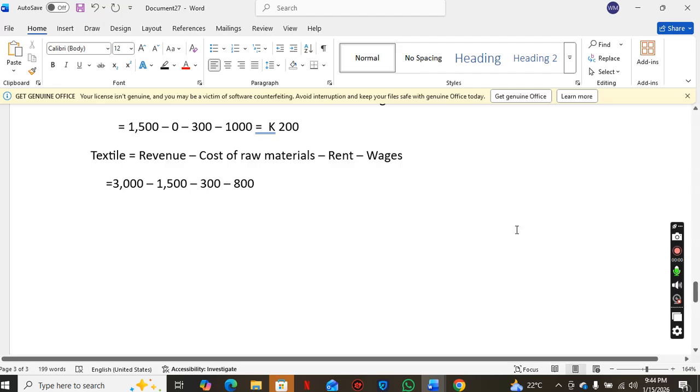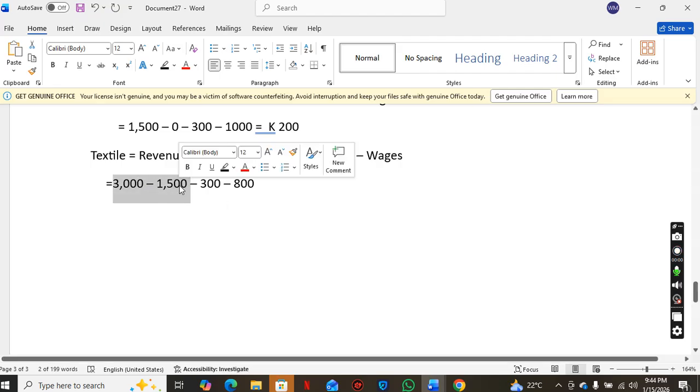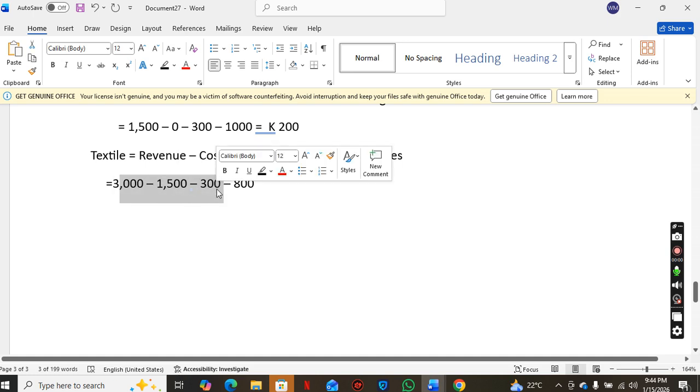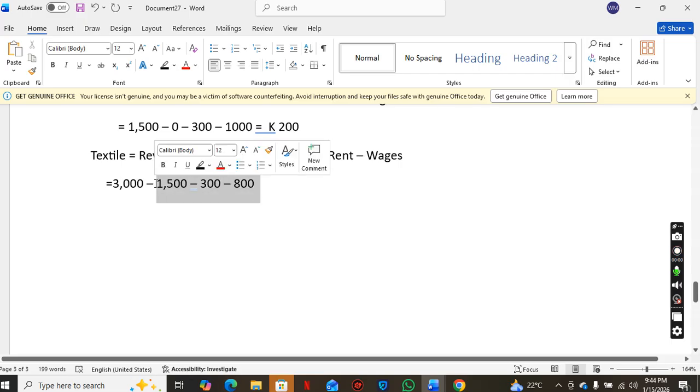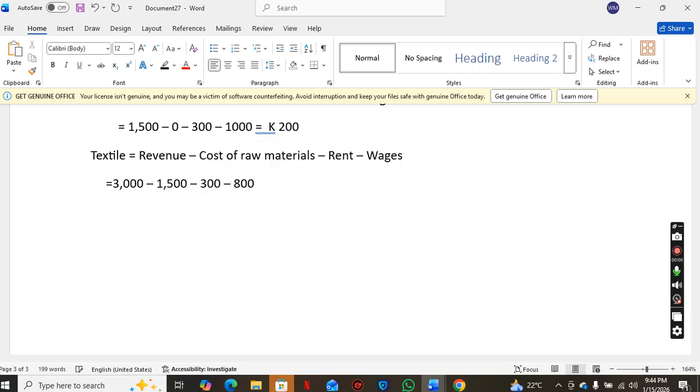So 3,000 minus 1,500 is 1,500. 1,500 minus 300 is 1,200. 1,200 minus 800, you get 400 kwacha.